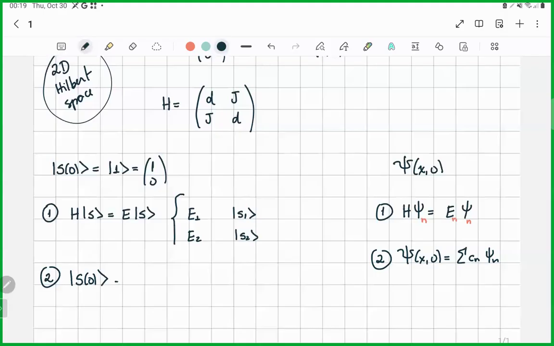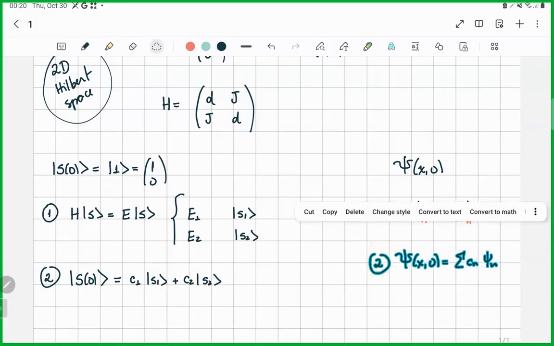There are just two. So instead of that infinite sum as we had before, it's going to be C1 S1 plus C2 S2. Very good.